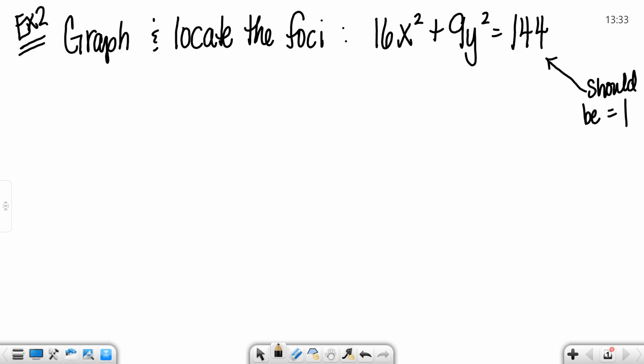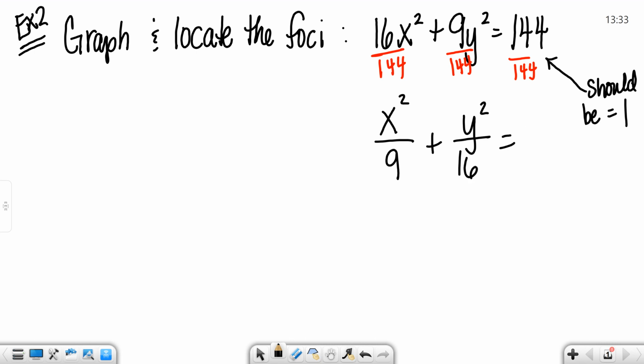So what we're going to do is divide everything by 144. Alright, so when I divide everything by 144, I'm going to get x squared over 9 plus y squared over 16 equals 1. Now this looks like the equation of an ellipse.